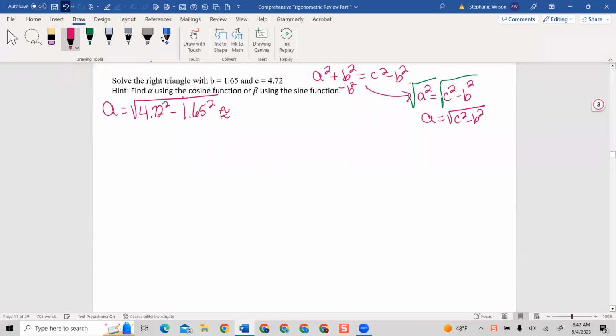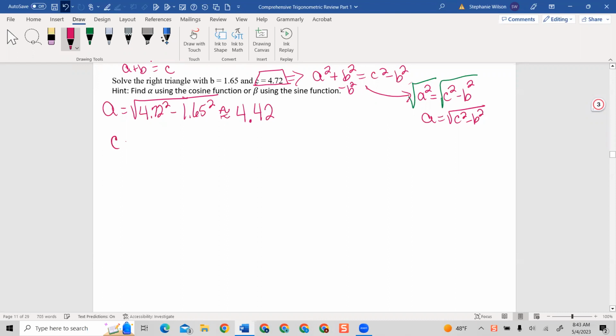Just be careful on the rounding. If you round too soon, it can cause us to be off by a number. So now I know what a is. So we know what all a, b, c is. If you noticed, c is the longest side. So we set this up correctly. We did it right. The shorter sides added together should equal c, right? Because the shorter sides should add up to equal the longest.